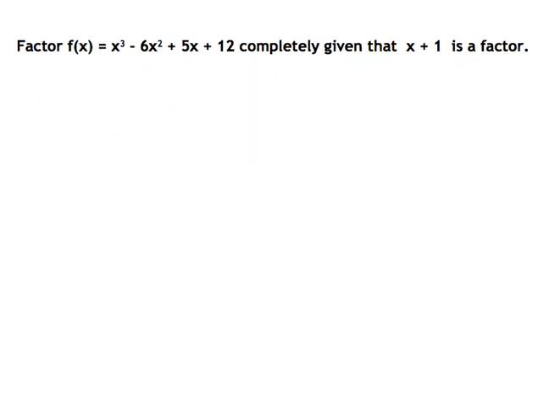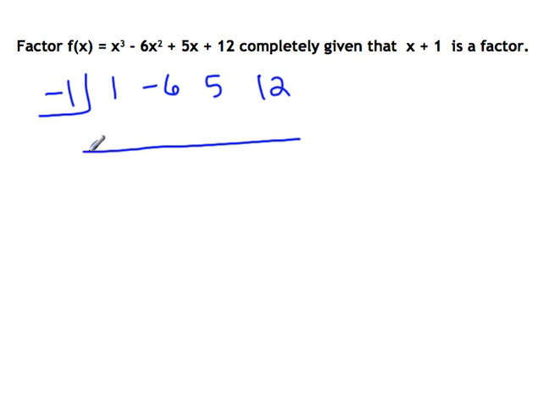Another one. They're telling us that x plus 1 is a factor. That means that negative 1 has to be a 0. So now I'm going to write these coefficients again in order. 1, negative 6, 5, 12.